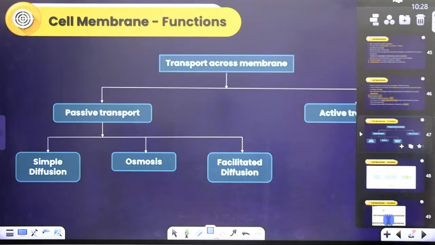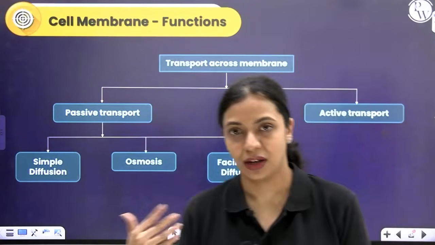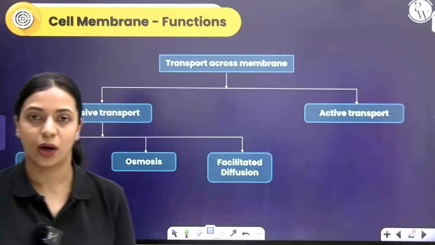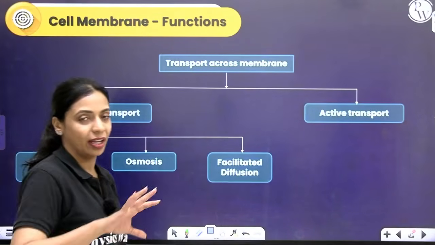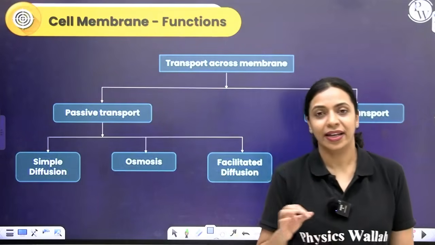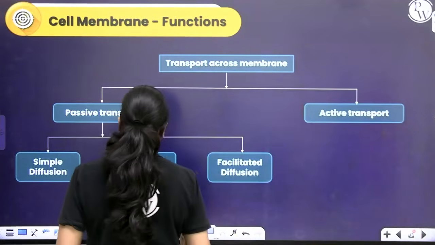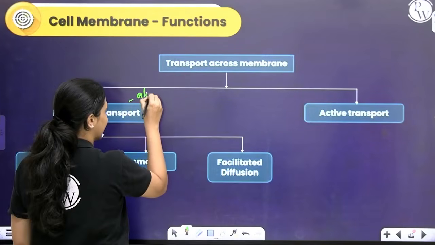What are some functions of the cell membrane? Transport of many important molecules happens across the cell membrane into and out of the cell. This transport can be categorized into two types broadly. One is passive transport, the other one is active transport. Passive transport happens along the gradient.